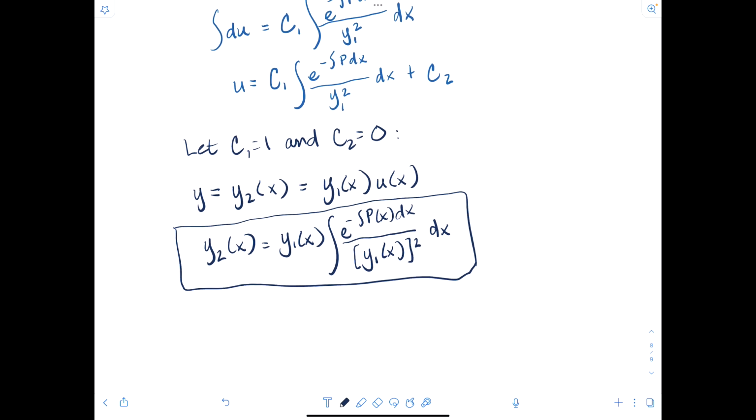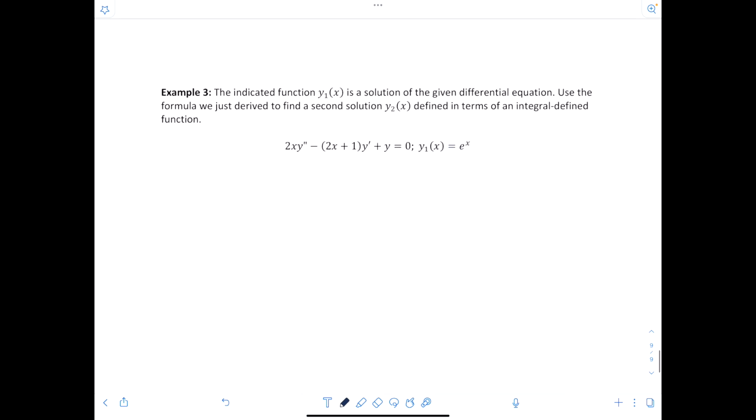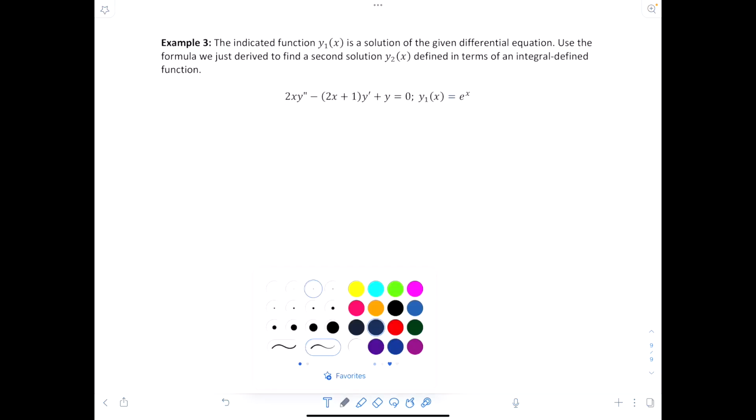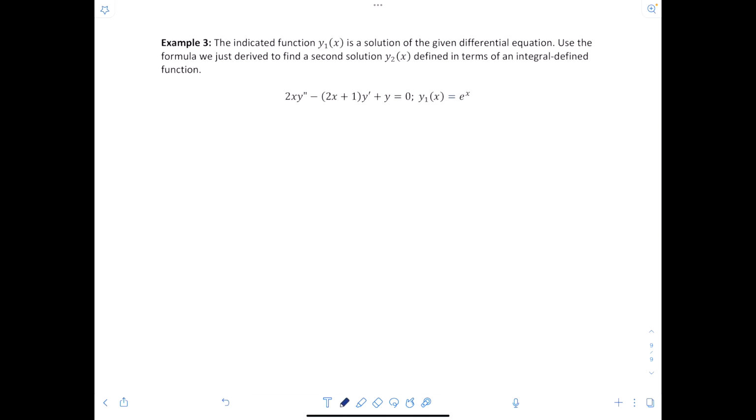Now, the next example is an application of how we can use this formula, because it's really useful, especially when you end up with an integral that we can't find by regular methods. So here we go. First step, of course, is to get a coefficient of 1 in front of the y double prime.